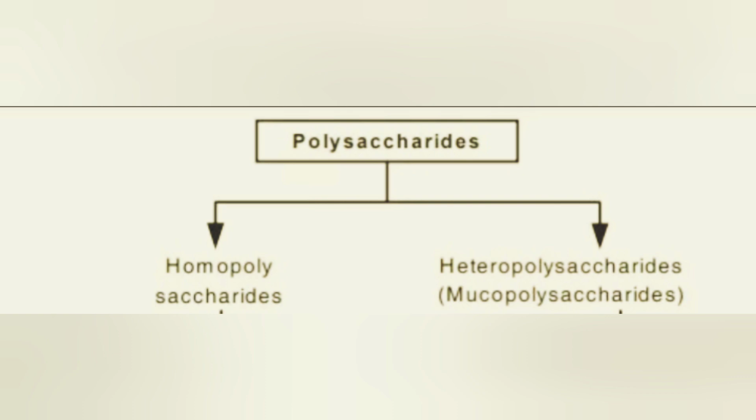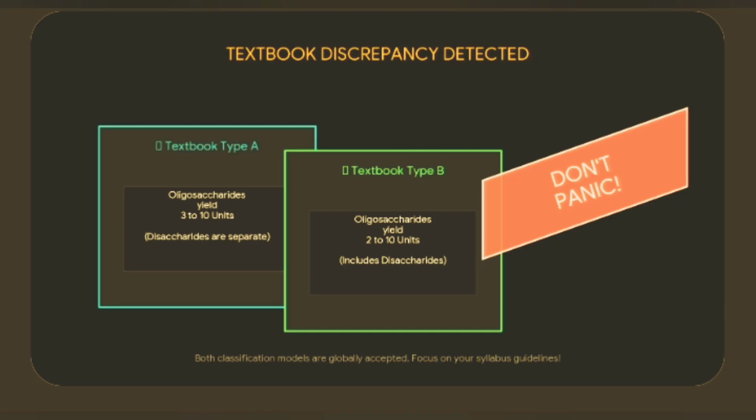Before closing, one thing I want to say is that in a few textbooks you will find that oligosaccharide consists of 3 to 10 units, and in other textbooks you will find that oligosaccharide yields 2 to 10 monosaccharide units on hydrolysis. Don't get confused, because disaccharide is a very common, important and abundant oligosaccharide, so they keep disaccharide as a completely separate category.